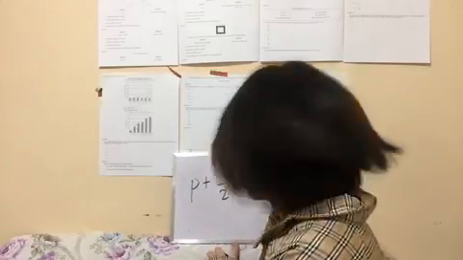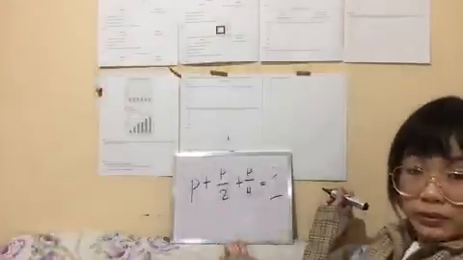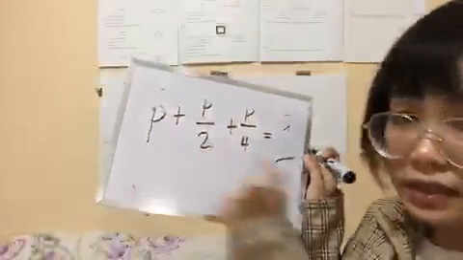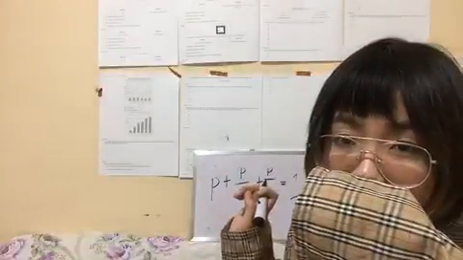Not 0, but 1. If these are mutually exclusive, their sum should be equal to 1. So, let's now calculate the value of p.